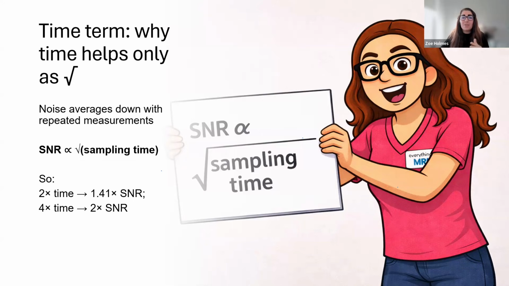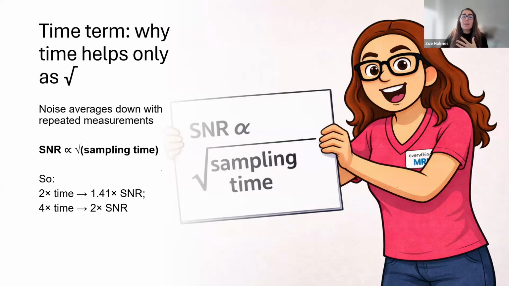Statistically, the remaining noise will decrease as a function of 1 over the square root of n, where n is the averages, or NSA, or independent samples that we're doing. That's why when we double our NEX, NSA, or averages, or double our phase encodings, it doesn't result in doubling our SNR, because it's not that kind of relationship. It improves by the square root of 2. And this is a common trap.